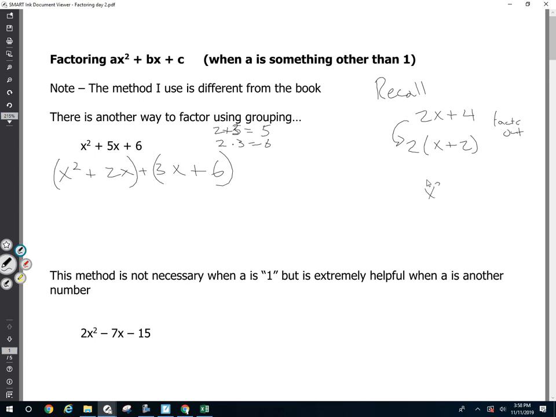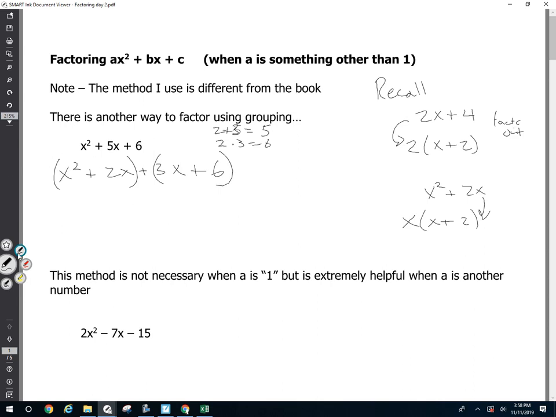Or if I had like x squared plus 2x, I could divide out an x to give me x plus 2, like backwards distributing. Do you guys remember that? It's been a while, and if you don't remember it, we'll get you back at it.